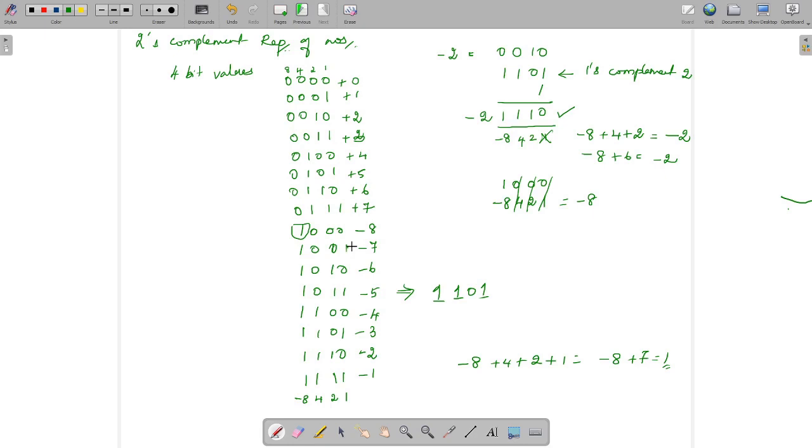Let's now see how we can do addition, subtraction and other arithmetic operations using the 2's complement method. So basically we work with addition and subtraction, and multiplication and division are implemented using addition and subtraction. So let's see how addition and subtraction could be done with 2's complement representation.